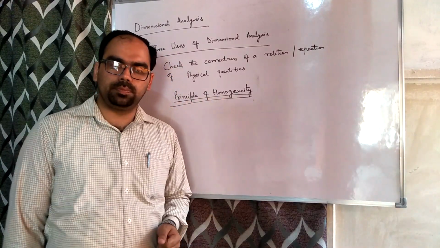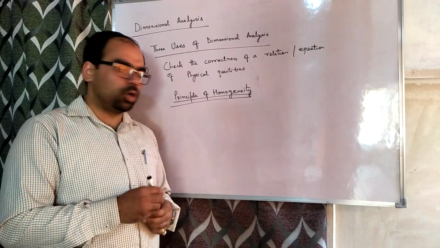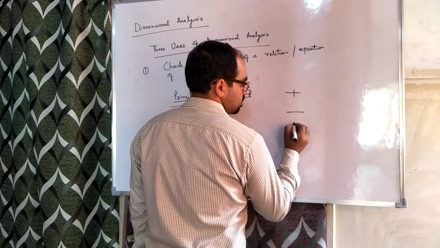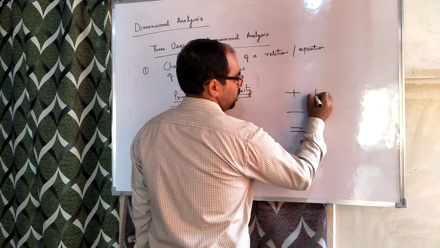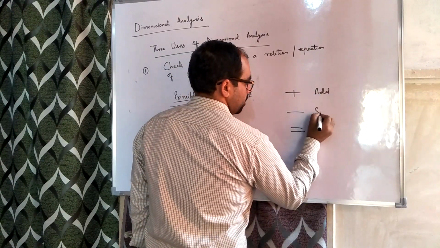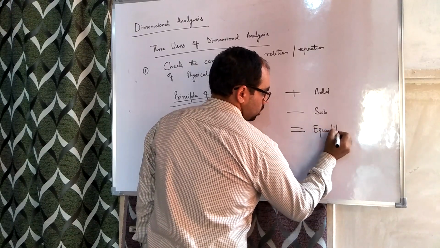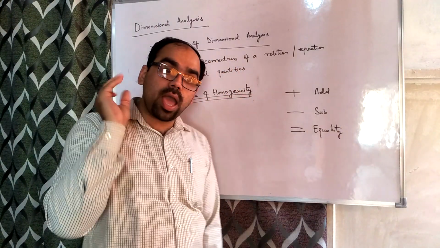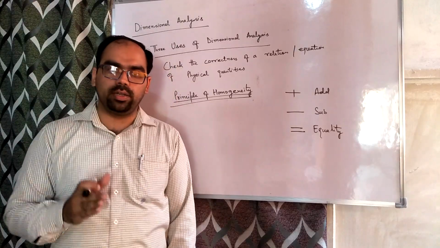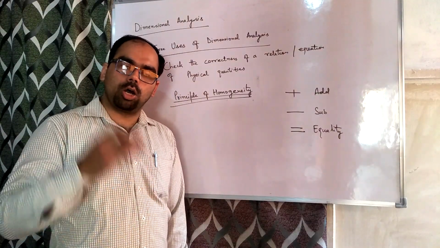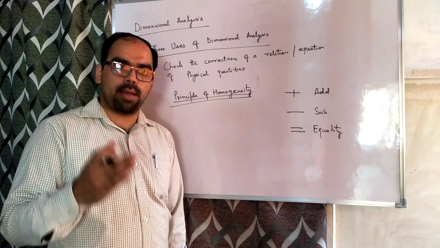According to this principle, when you have algebraic terms related by plus, minus, or equality, addition, subtraction, and equality, between any two physical quantities, those two physical quantities have the same dimensions.